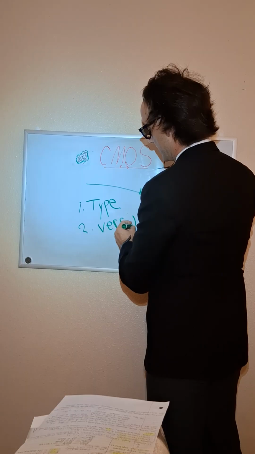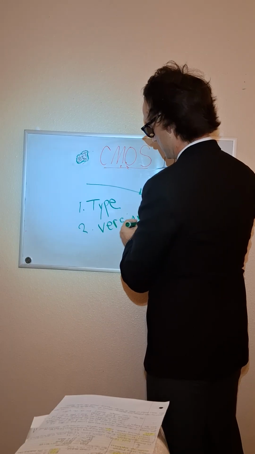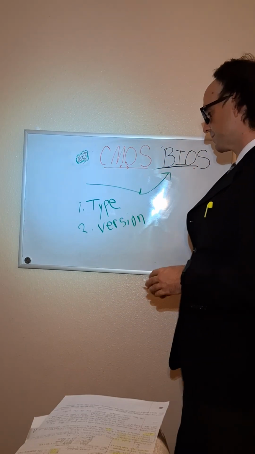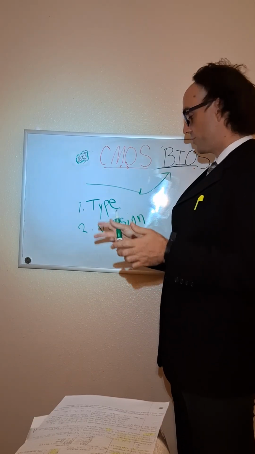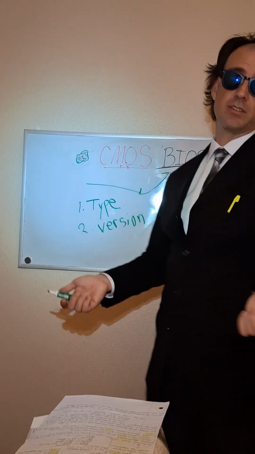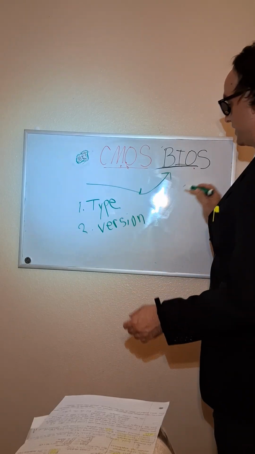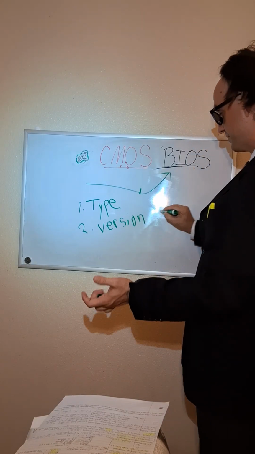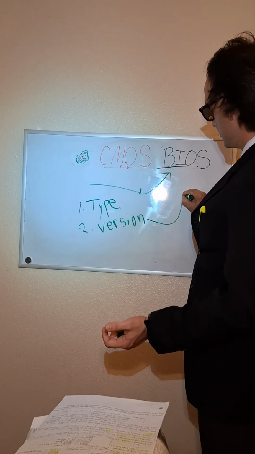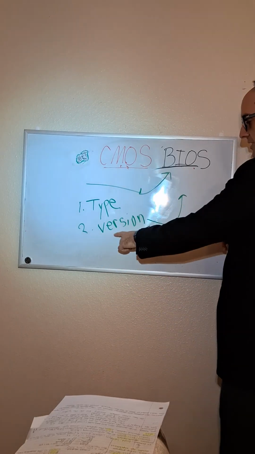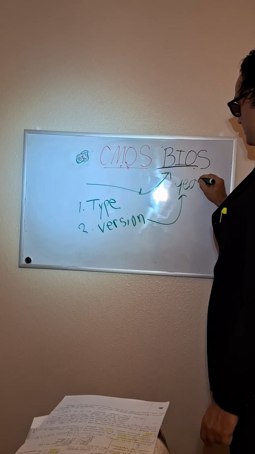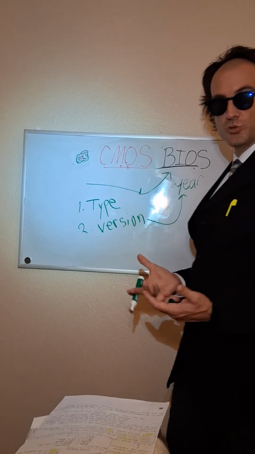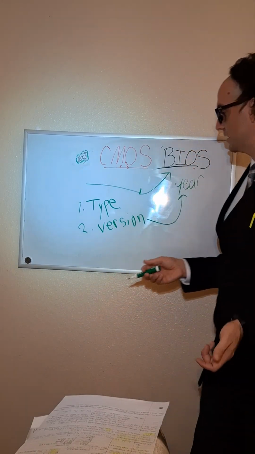Now, each BIOS has a number or a version, and if it doesn't have the number or version, look for the year that the BIOS came out, and then go on the manufacturer's website, and judge what version it is based off of the year, right? Kind of deduce what version you're dealing with.